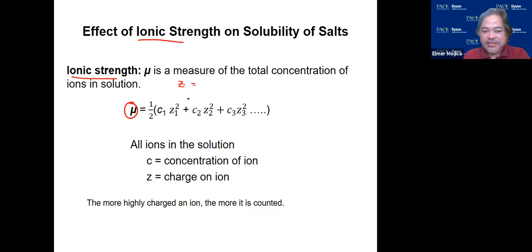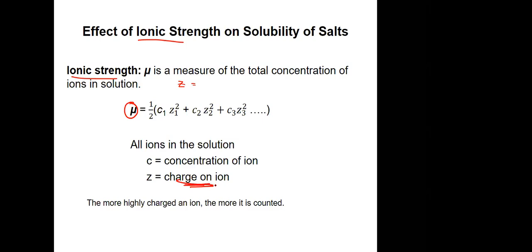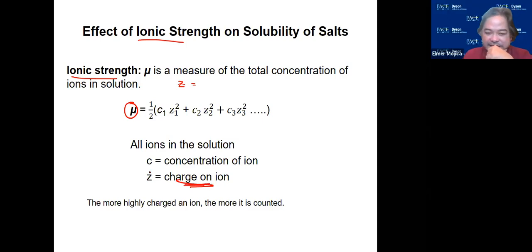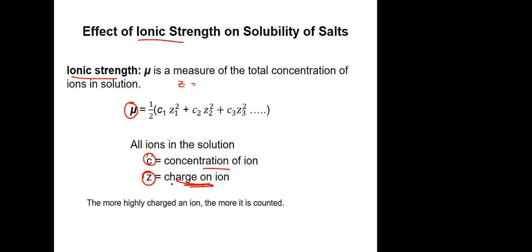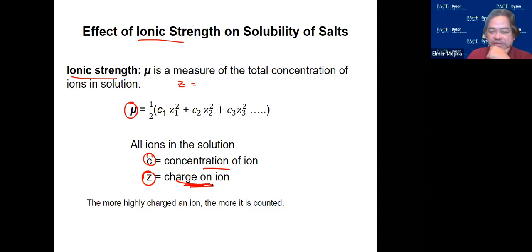Anyone tell me what C is? The concentration of the ion. Z is the charge. Z, as in zebra. C, as in cat, is the concentration of ion. Z, as in zebra, is the charge on ions. So whether you have a positive or a negative charge, since you're going to square it, it will always become positive.